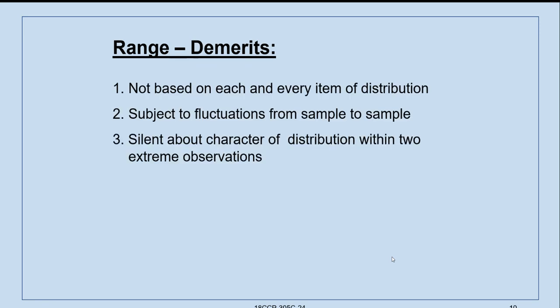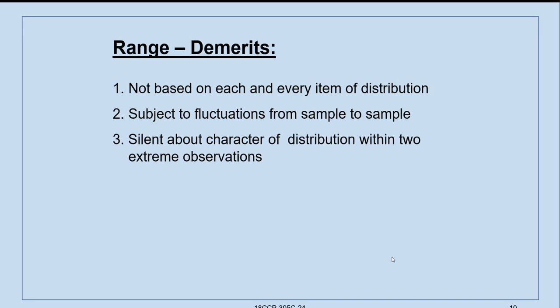And coming to demerits, it is not based on each and every item of distribution. Please remember, we are taking only highest value and lowest value. We are not taking the values available in the series. All the values are not considered here. So the value may not be reliable.